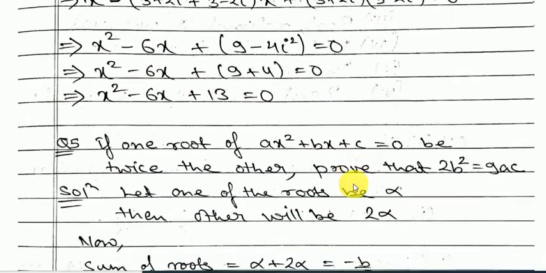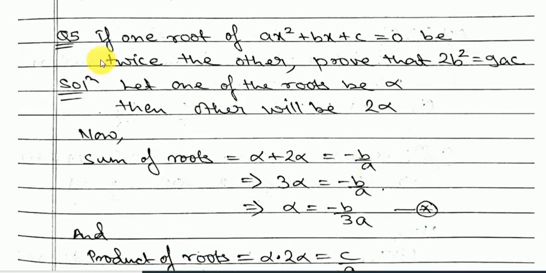Next, question number 5. If one root of this quadratic equation ax squared plus bx plus c equal to 0 be twice the other, prove that 2b squared is equal to 9ac.